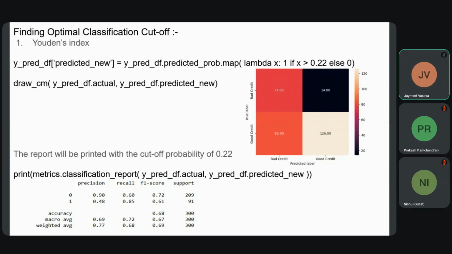Bad credit and the good credit have been predicted in a better manner, so there is an improvement in the model. The report will be printed with the cutoff probability of 0.22.